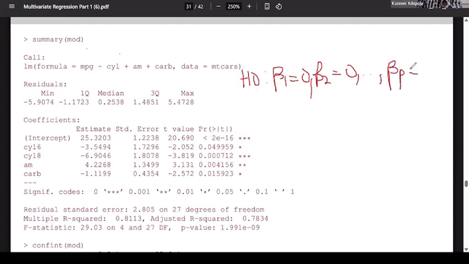Please pay attention. And the alternative is saying at least 1 is not true.